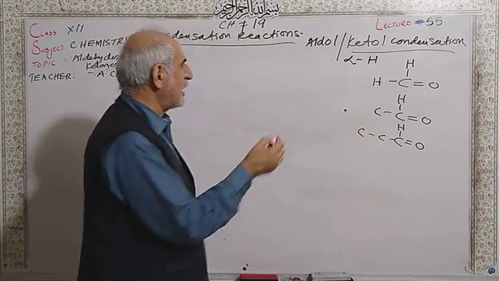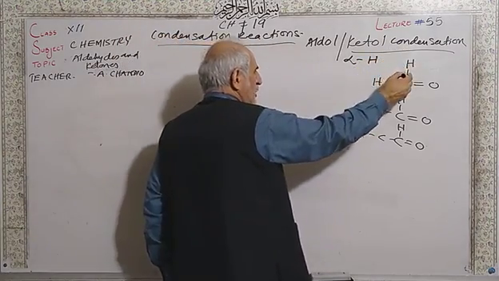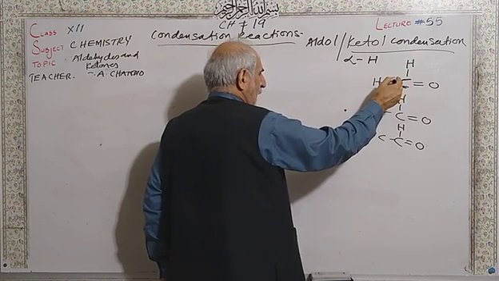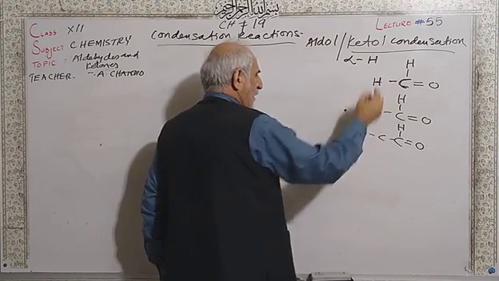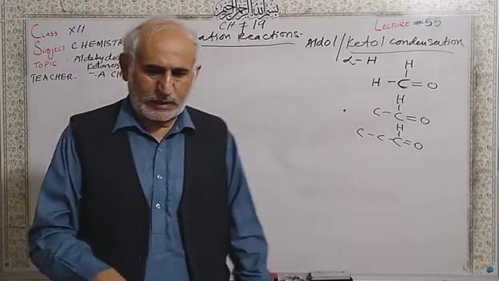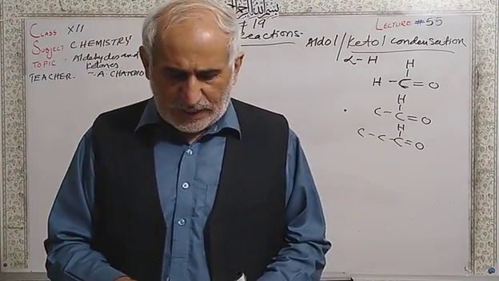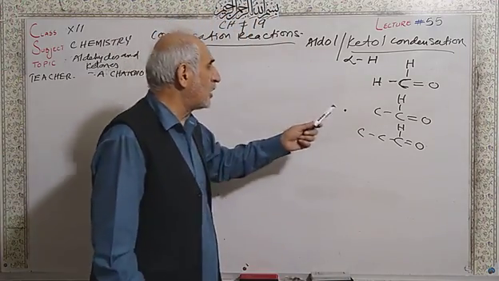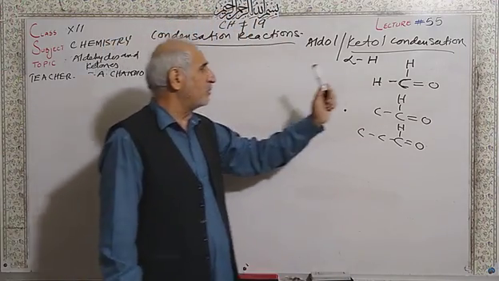Dear students, this is the aldehyde functional group. This is the carbon of the functional group, and this is a hydrogen attached. The condition is that hydrogen must be attached to the carbon atom next to the carbonyl group. This is the primary condition.